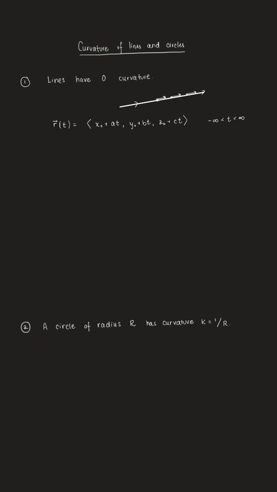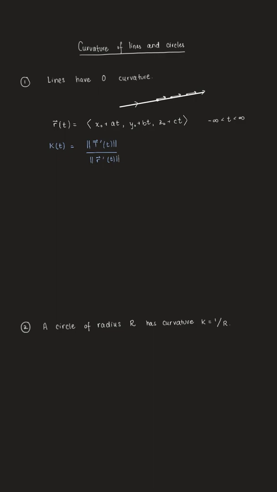Now, recall the formula I'm going to use for curvature, for parameter t: it's the magnitude of the derivative of my unit tangent vector divided by the magnitude of the derivative of my vector function. So we have a lot to work on here.